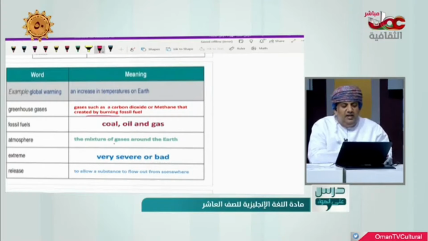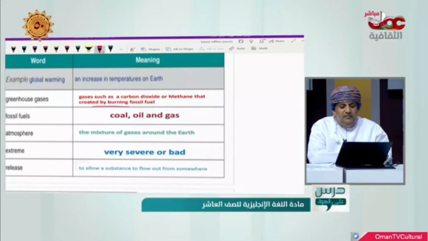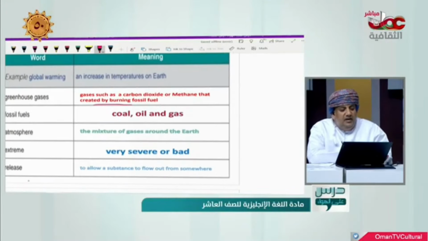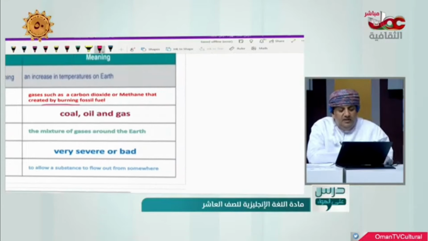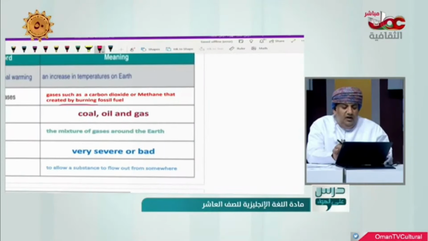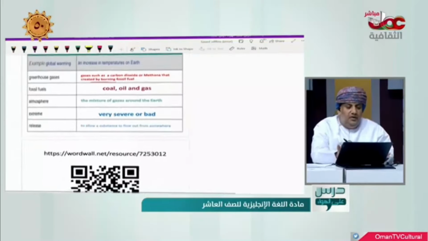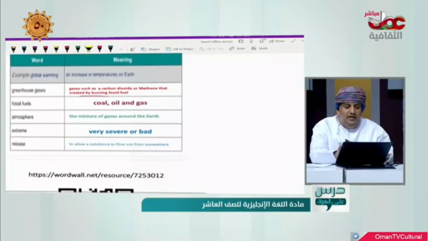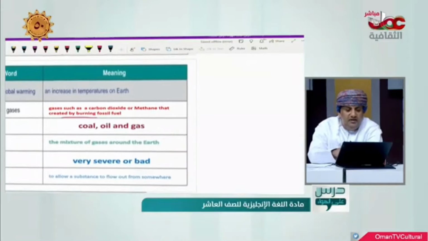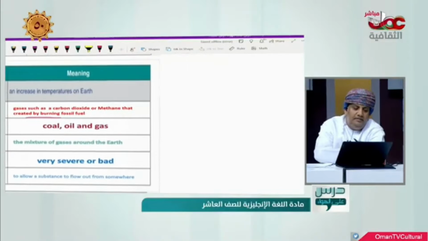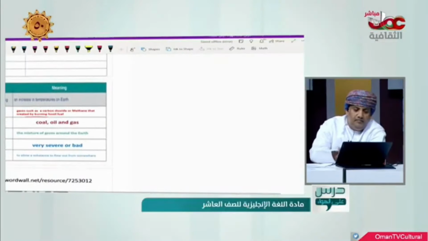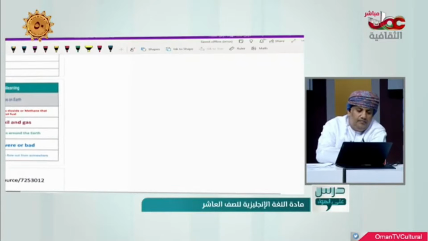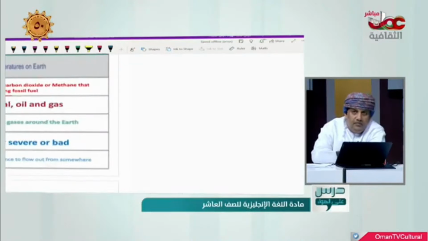Atmosphere is the mixture of gases around the earth. Extreme means very severe or bad. Release means to allow a substance to flow out from somewhere. So now we are going to play a game, but I want you to memorize the words with their meanings. Okay?